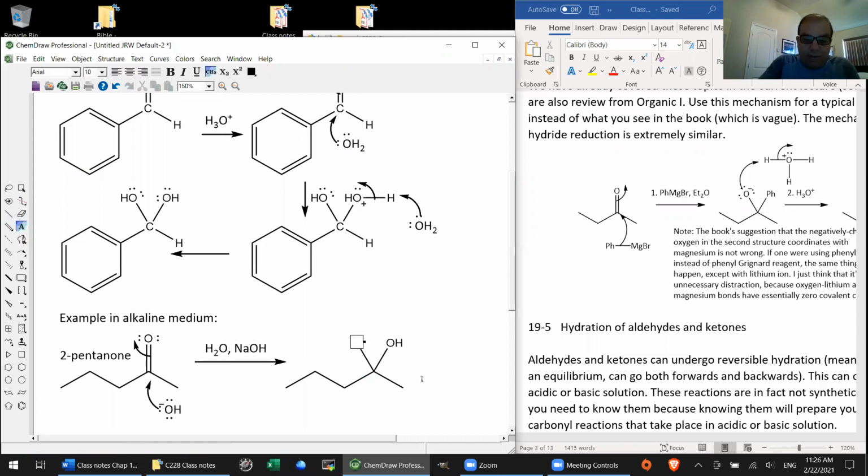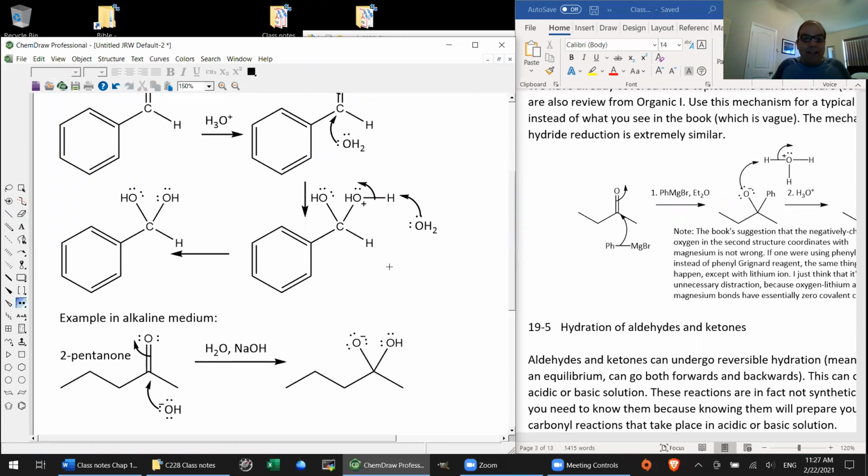It started out as OH. And then when we put a minus charge on it, that hydrogen goes away. Let me be specific about my lone pairs, just to make sure I'm being clear. There we go. So you get an intermediate of this type.